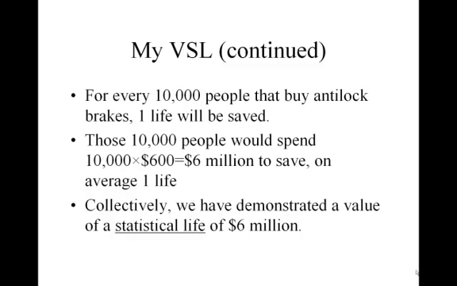So we call this approach that we have collectively demonstrated a value of a statistical life of $6 million. Now, notice this is not a solicited preference approach. It's a revealed approach. We're actually using market behavior to determine what the value society places on a statistical life.